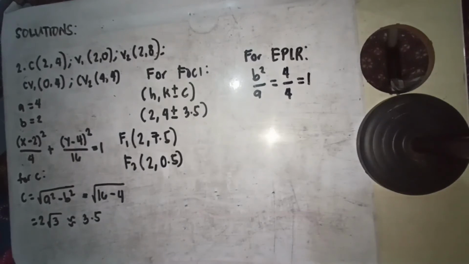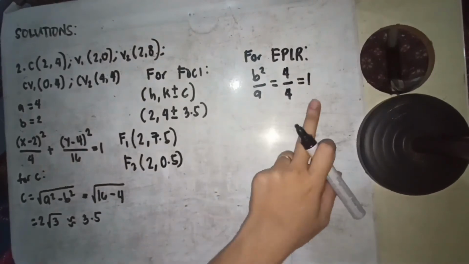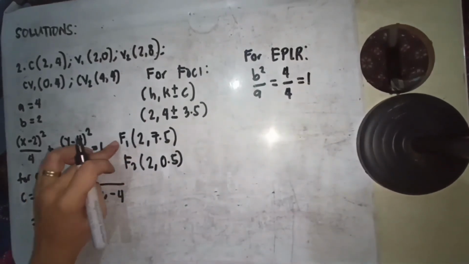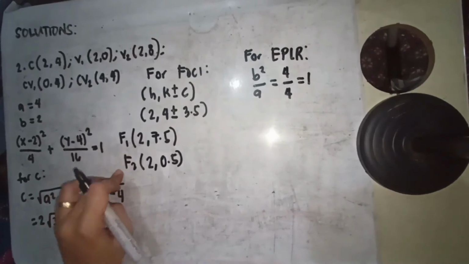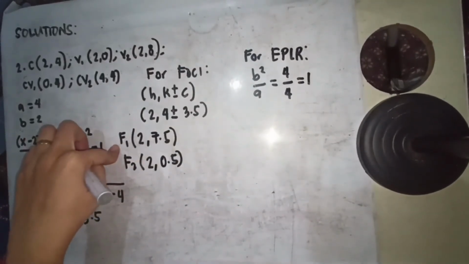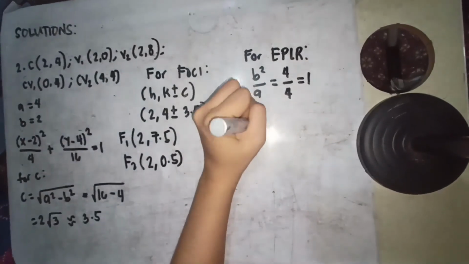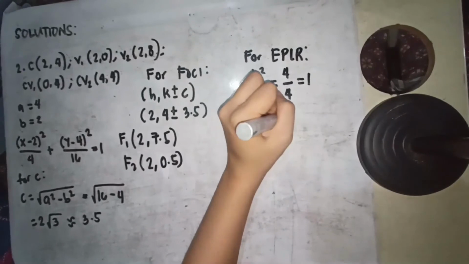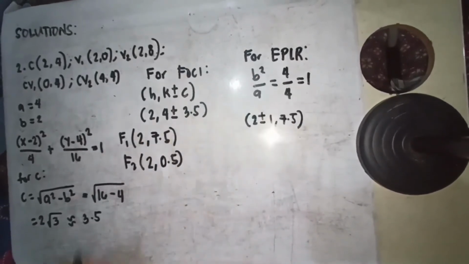Now, kung i-visualize na nato, since our ellipse is vertical, nagpatindog, so major axis nagpatindog, therefore, our lateral recta nagpahigda. Okay, so i-plus minus nato ni nga distance sa x-coordinate sa ato ang foci. So, for our EPLR, first focus, we have 2 plus minus 1 and 7.5.